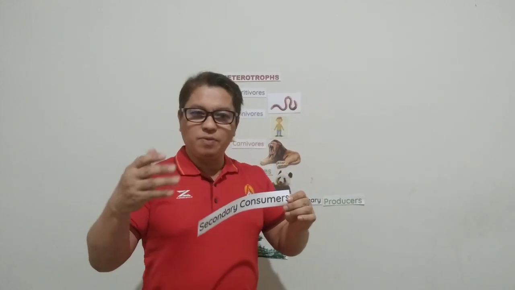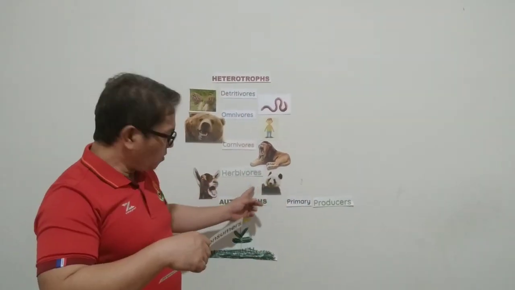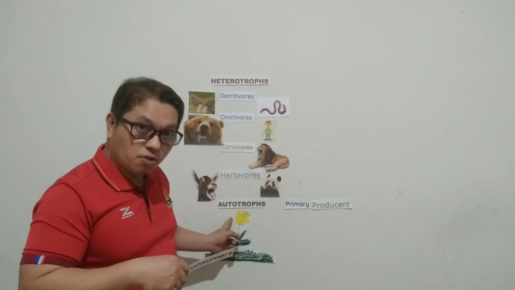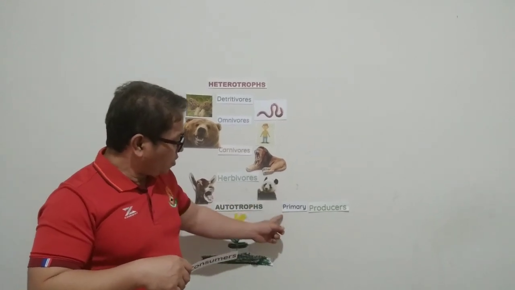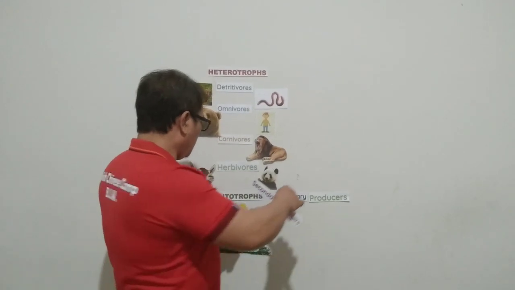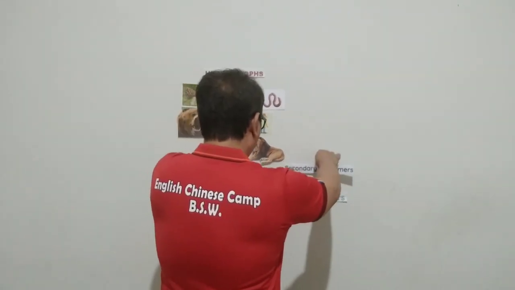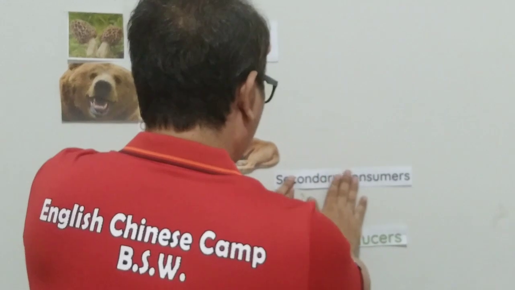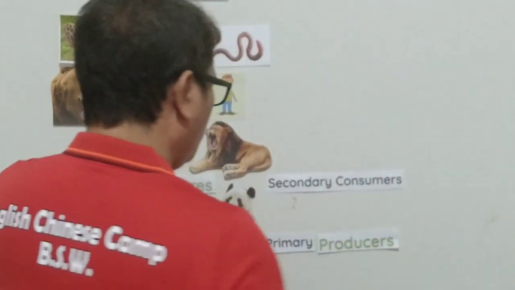The next level are the secondary consumers. Consumers meaning those are animals that eat the autotrophs, or they eat the primary producers. So they are the herbivores. These animals are the secondary consumers.